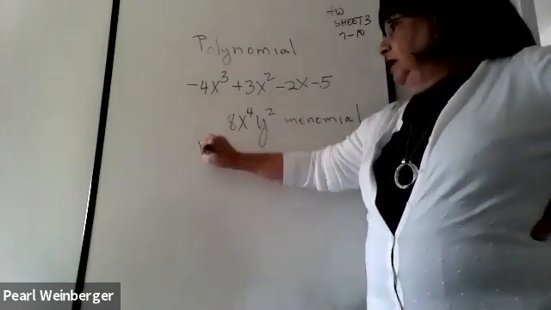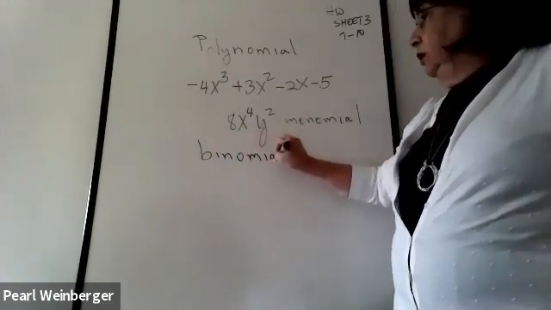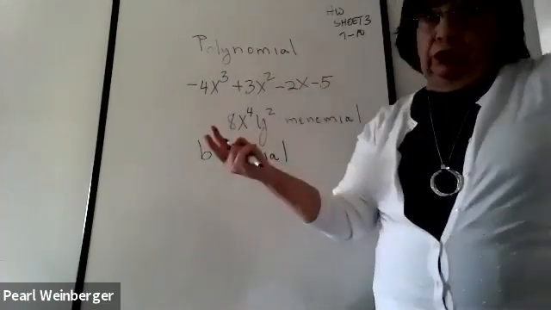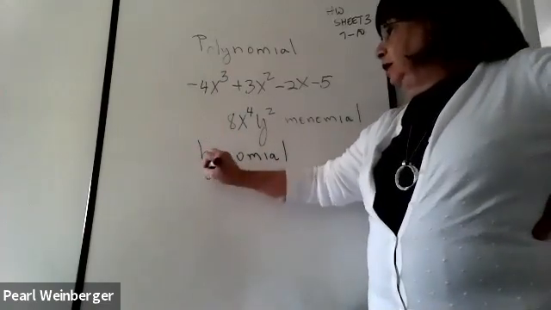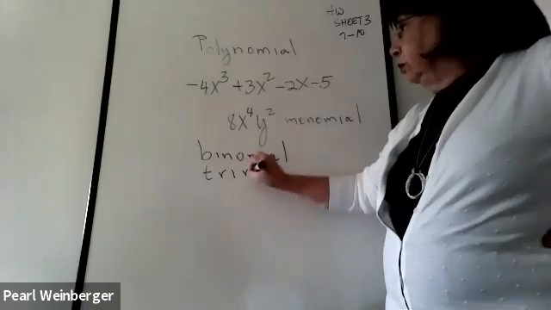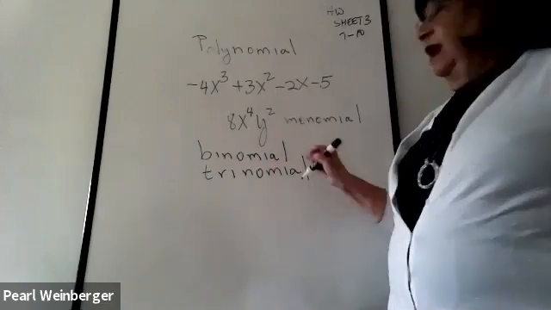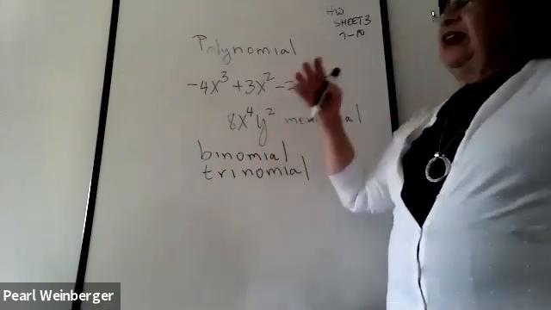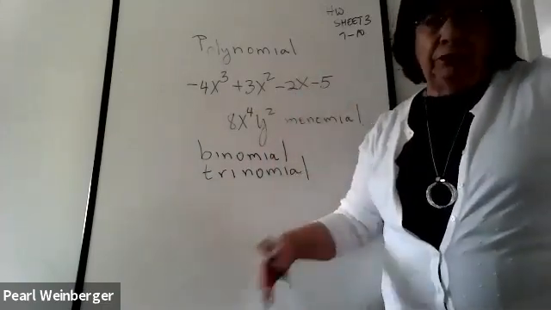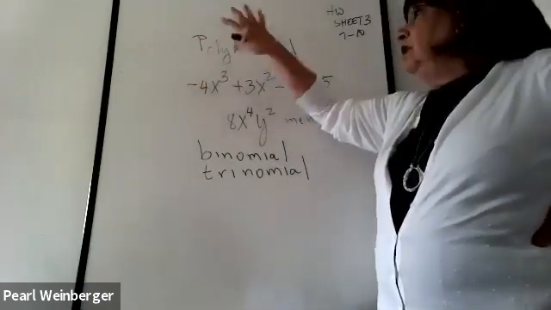We have the name binomial, which means something that has exactly 2 terms. We have something called a trinomial. That has 3 terms. Anything beyond 3 terms, we just give it the generic name polynomial, which means more than one term.